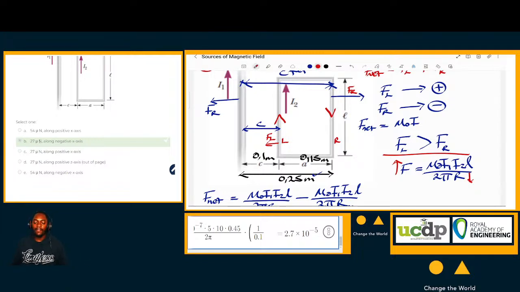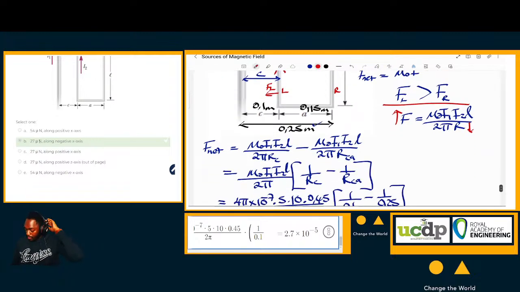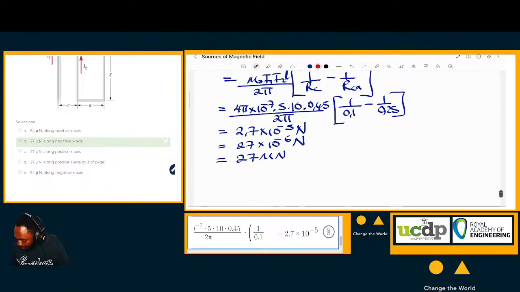The magnitude of FL is greater than the magnitude of FR. All right, so that is it. I hope that makes sense.